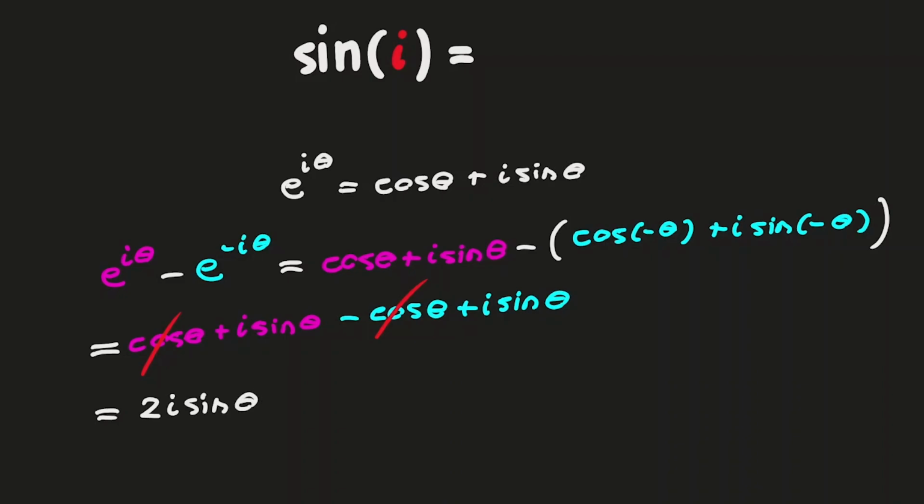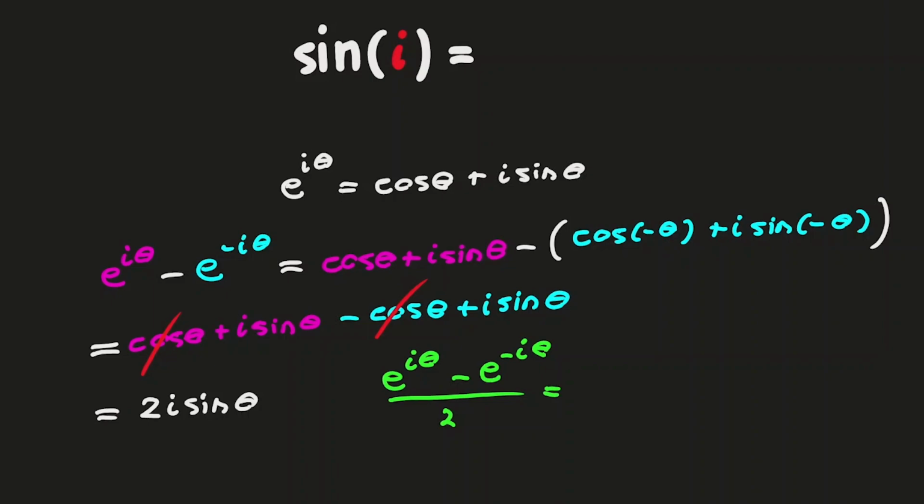And we can do another thing. We can move this 2 to the other side of the equation, just divide both sides by 2, and we can also move i. But firstly, let's move the 2 to the other side. So we have, let me use the green color, e to the i theta minus e to the minus i theta over 2.